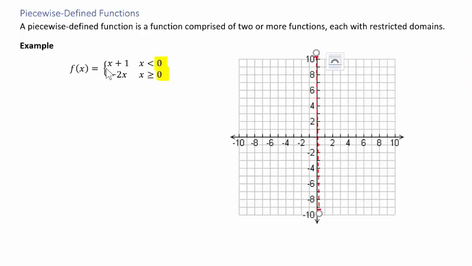Next, the first function, y equals x plus 1, is going to be drawn when x is less than 0, or to the left of this vertical line in region 1. And then we're going to draw the second line, negative 2x, when x is greater than or equal to 0, and that'll be on the right side of the vertical line, so in region 2.